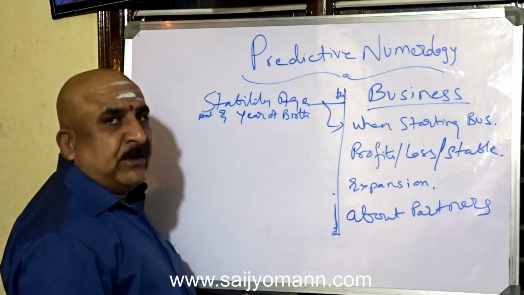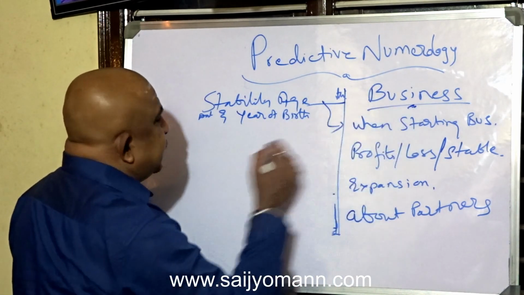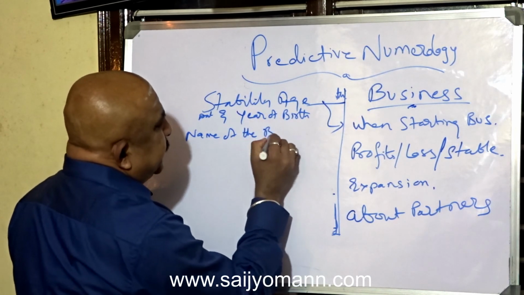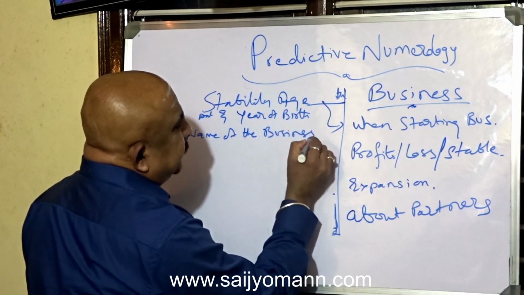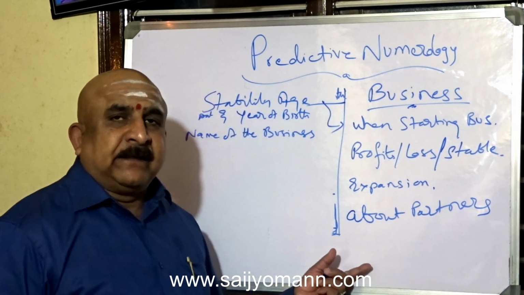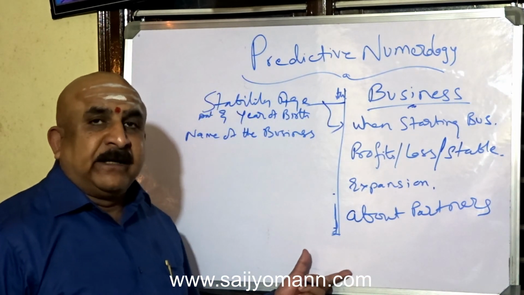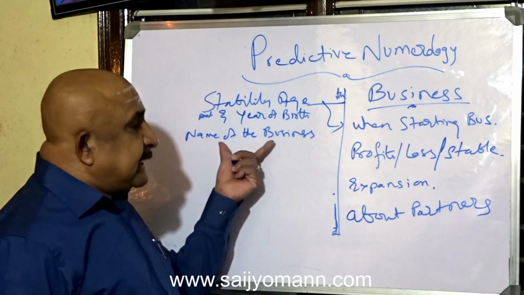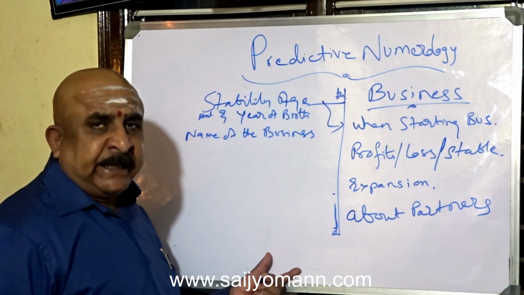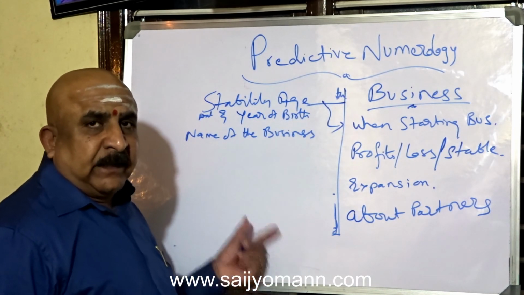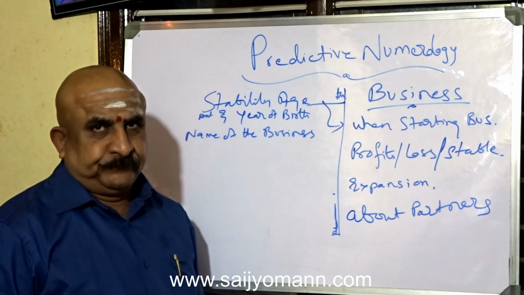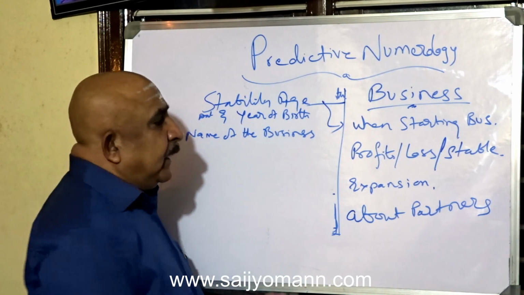Yes, that you can know through the name of the business. Here, just like you hunted for your child, the naming of children, like that, the business's name and the Vedic number of your date of birth, complete date, month, year of birth. If that tallies, the stability will be good. Clear?